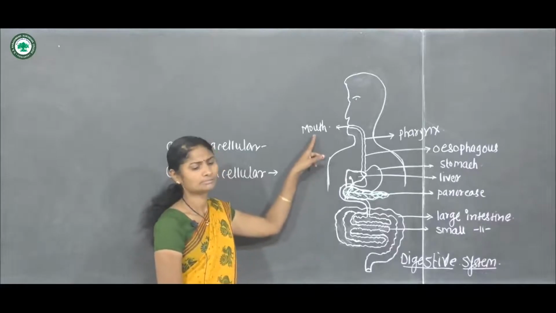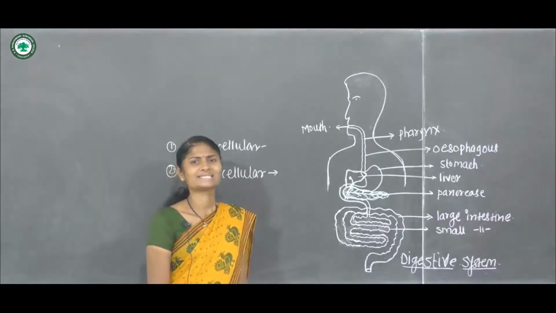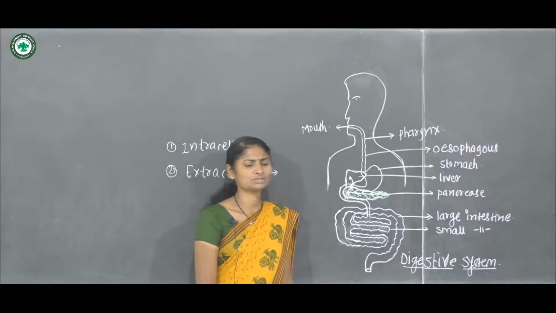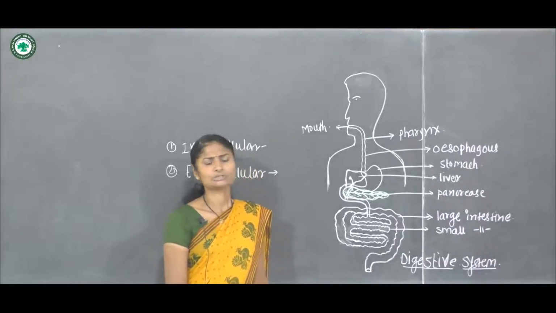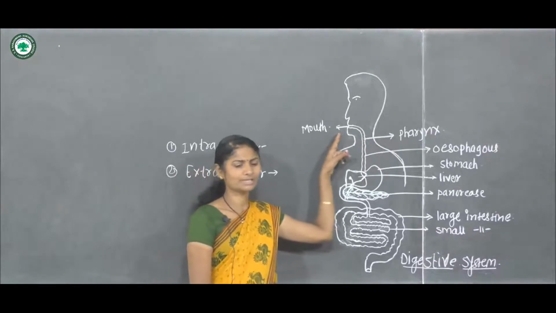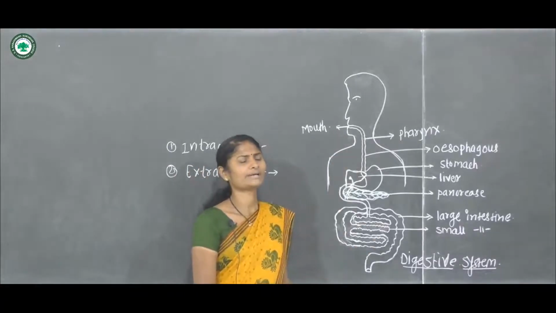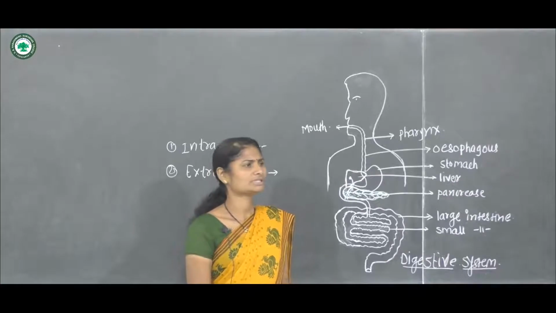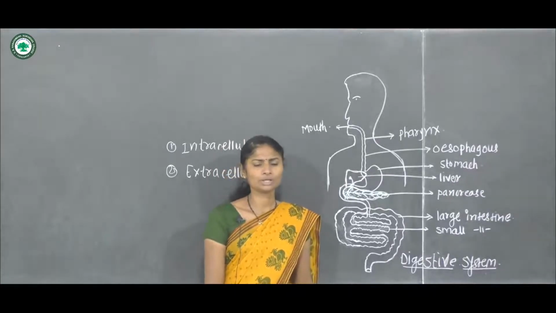First, the mouth. Food begins its journey through the digestive system in the mouth, also known as the oral cavity. The mouth is surrounded by upper and lower lips.